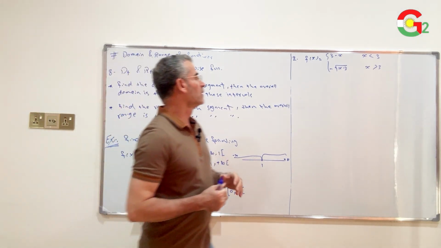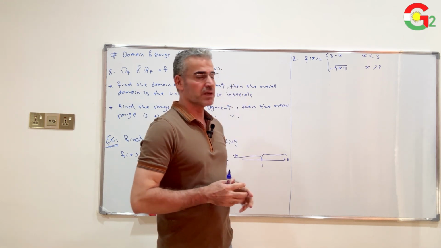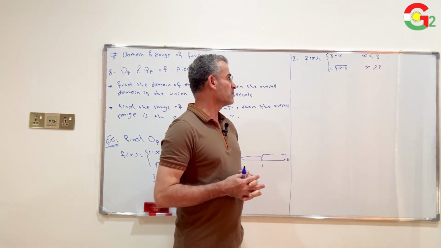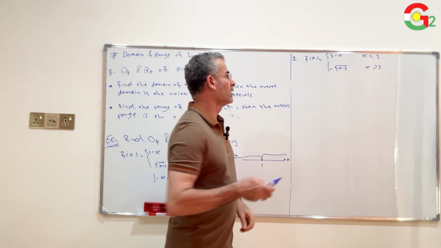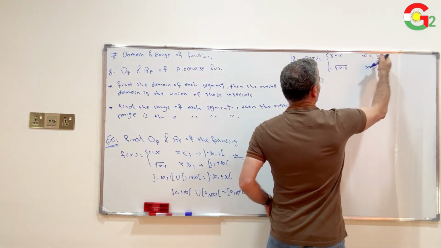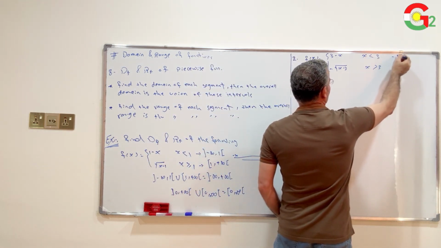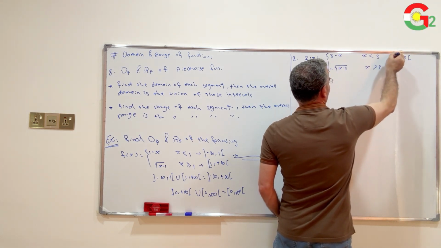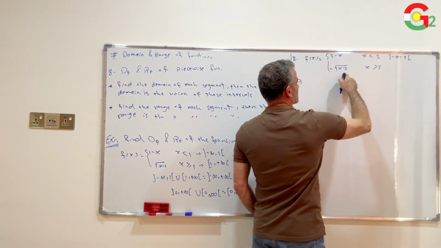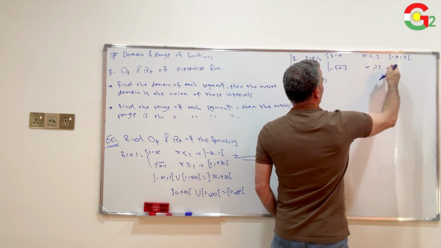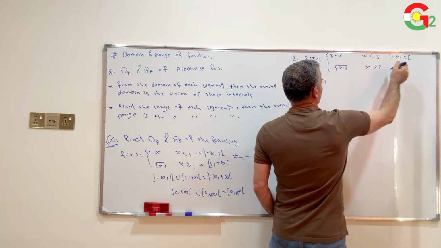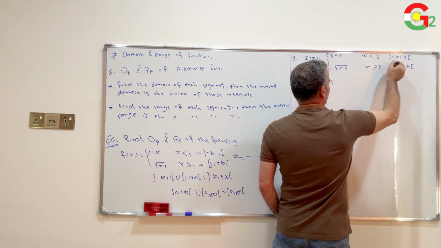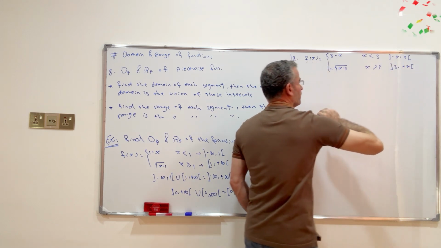Another example: f of x equals 3 minus x when x is less than 3, and negative square root of x minus 3 when x is greater than 3. The first interval is x less than 3, so negative infinity to 3, open interval. The second segment is x greater than 3, from 3 to positive infinity, also open interval.